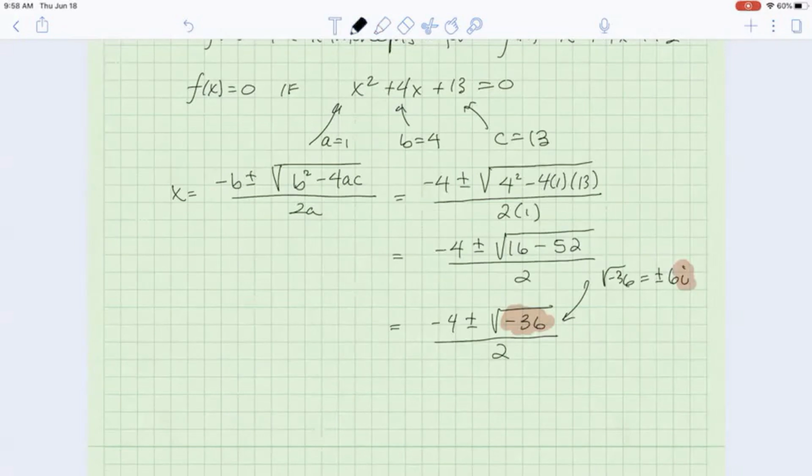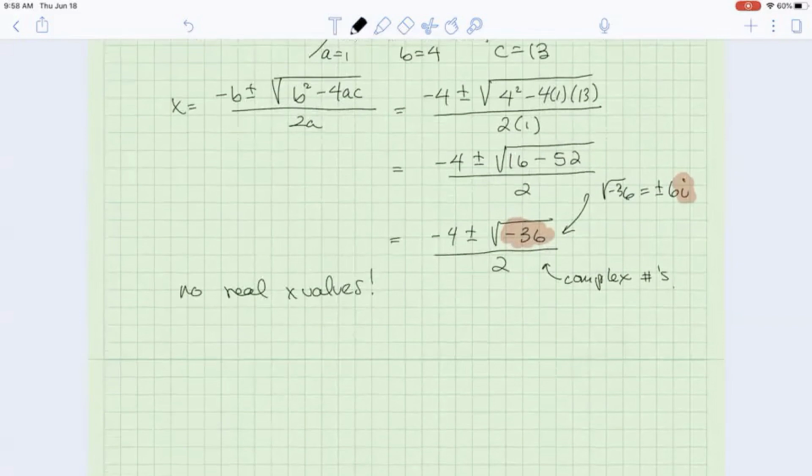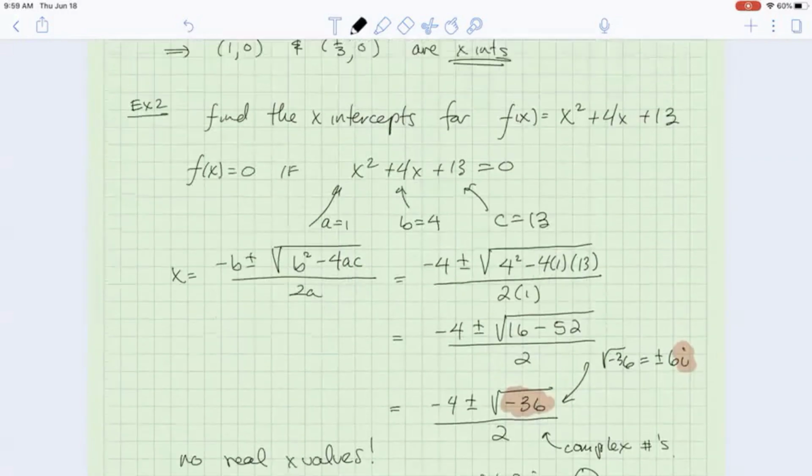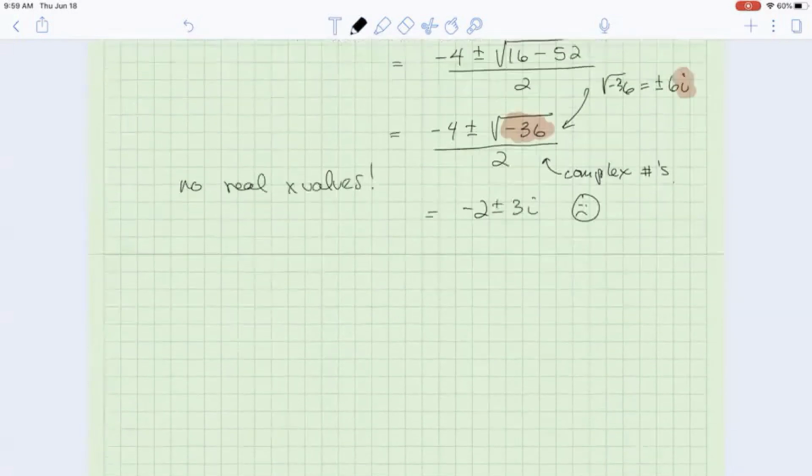But this has no real x values. These are complex numbers. This actually turns out to be -2 plus or minus 3i. And so what does this mean?